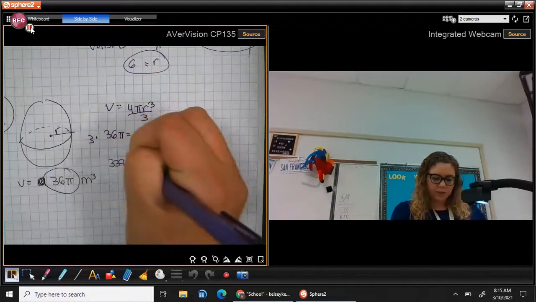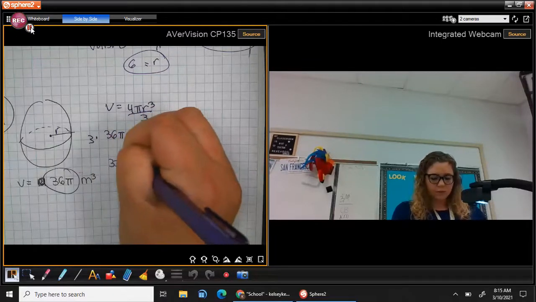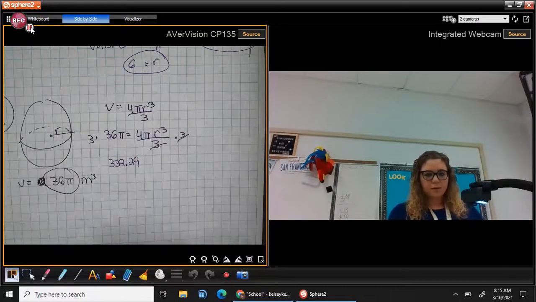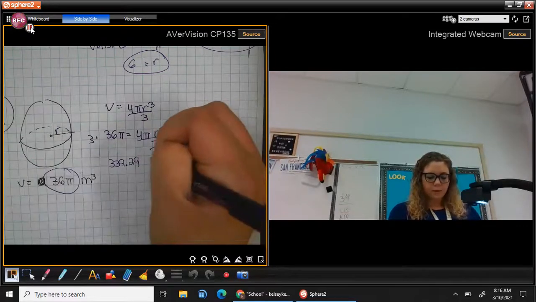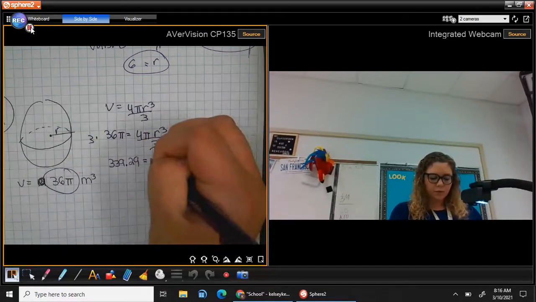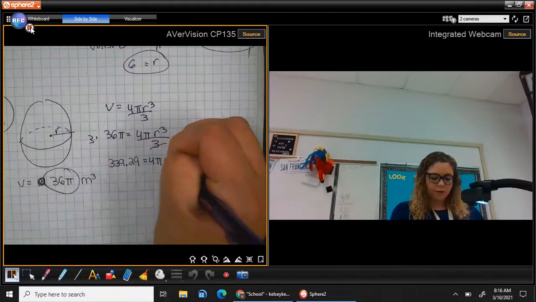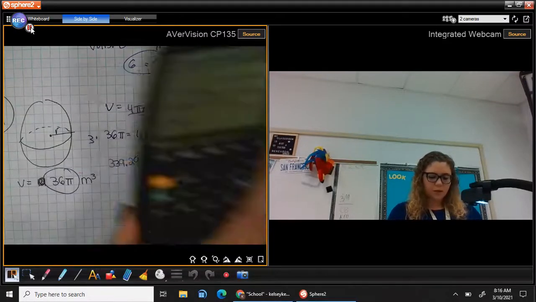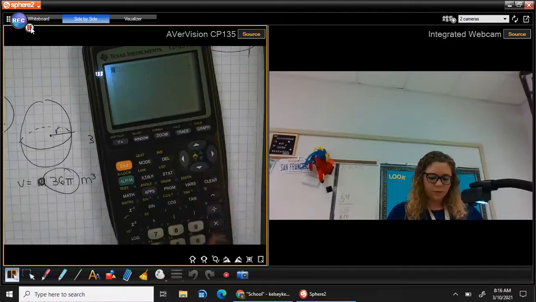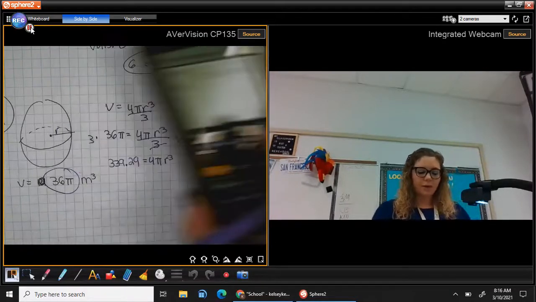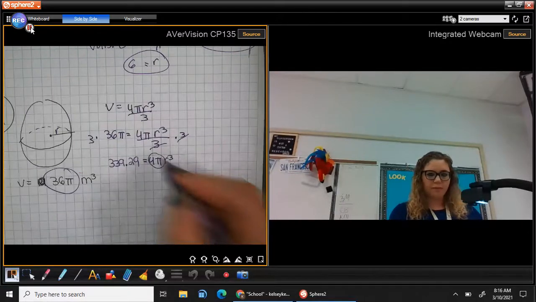And you're going to round to the 100th place. Okay. Equals 4 pi r cubed. Okay, so 4 pi is going to give you 12.57. So I'm going to plug that in for 4 pi.